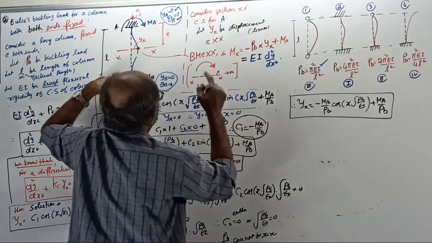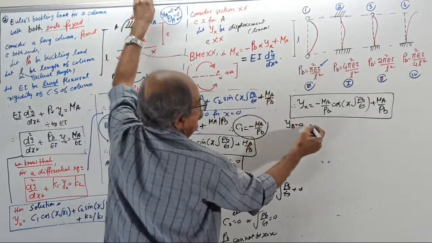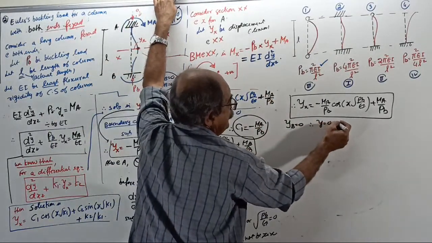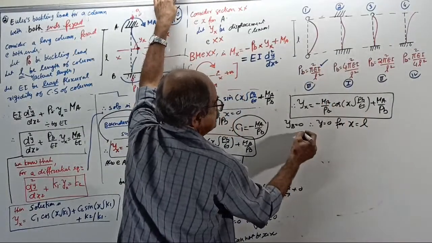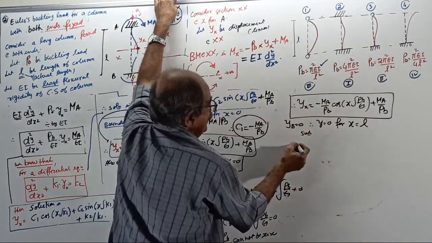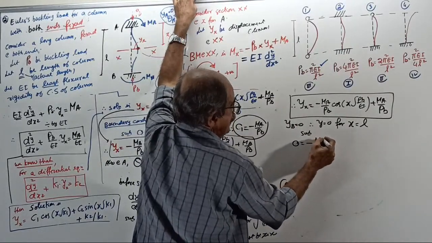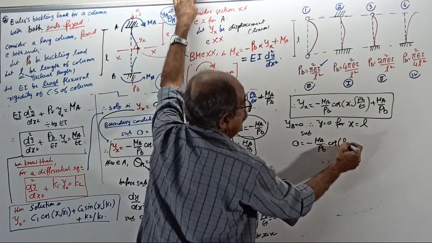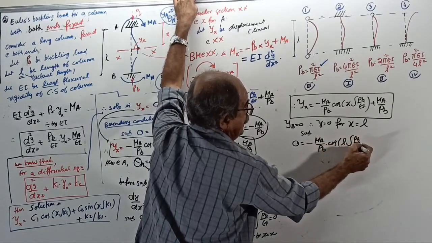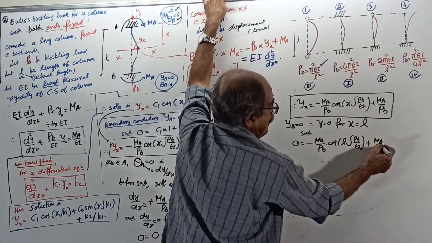Now, after A, come to B. Next boundary condition: deflection at B equal to 0. Therefore, Y becomes 0 for x equal to L. Substituting, 0 equal to minus MA by PB into cos of L root PB by EI plus MA by PB.